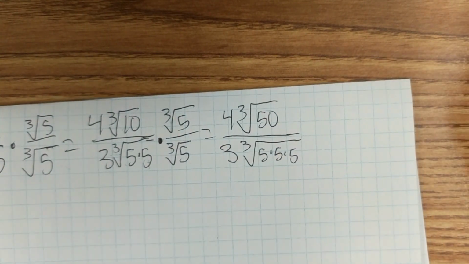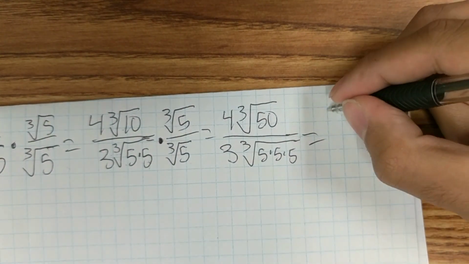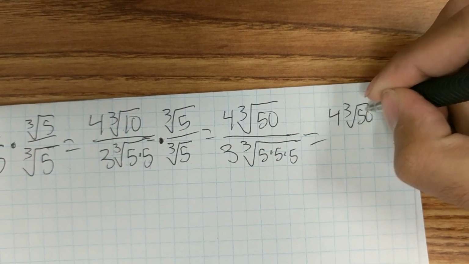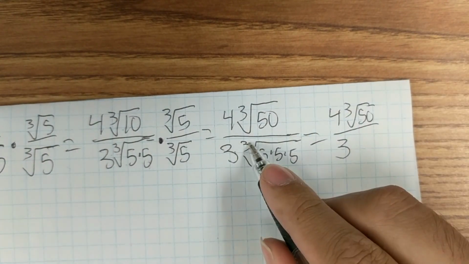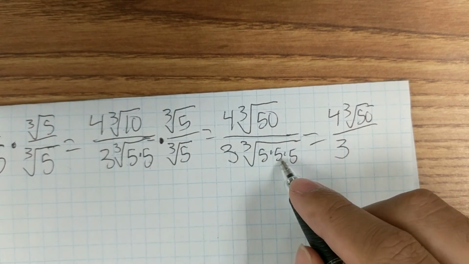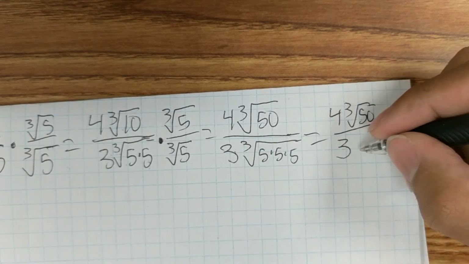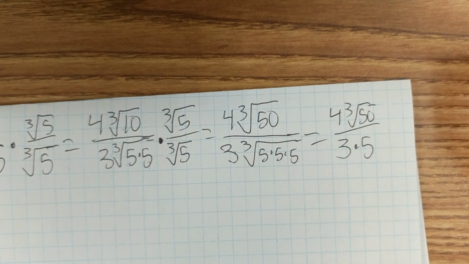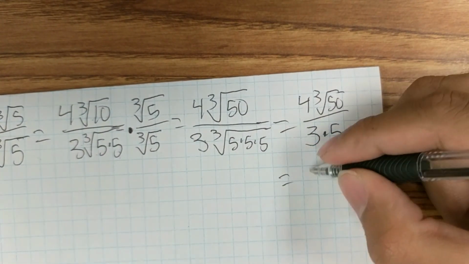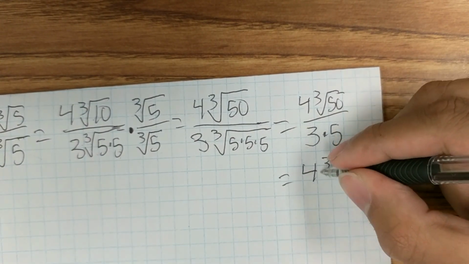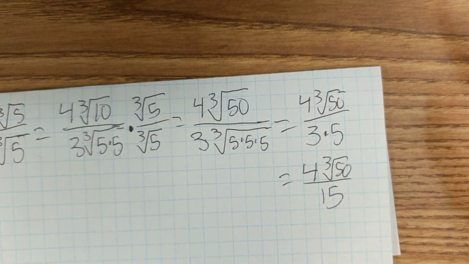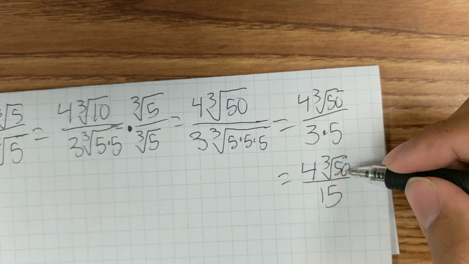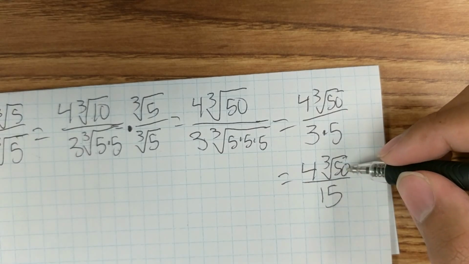So now I can do the cube root. Okay, so again, the 3 is already there, but then cube root of 5 to the third power is just a regular 5. Okay, so this simplifies to, okay, so cube root of 50, can we simplify this?